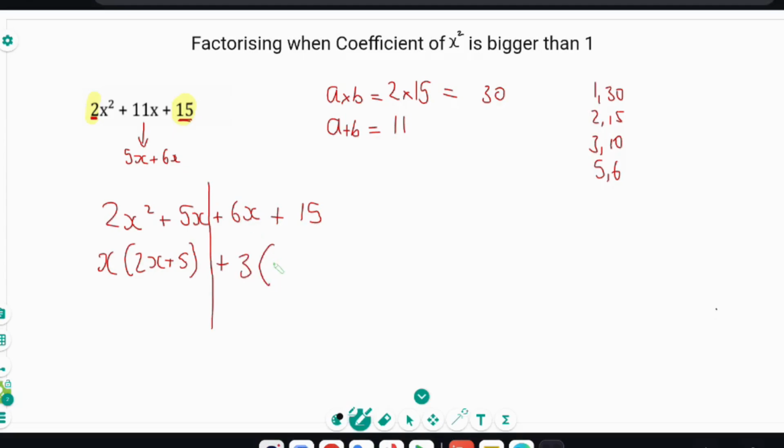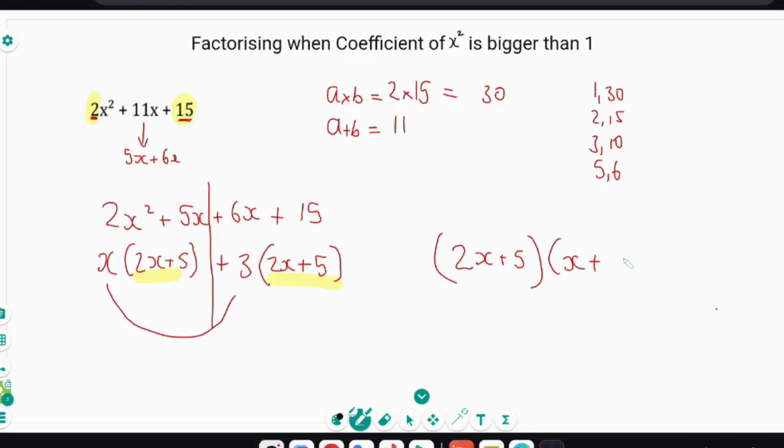Divide 6x by 3, you get 2x. Divide 15 by 3, you get 5. Now, if you do this correctly, you always should have the same term in each bracket. So that's one of my brackets. And for the other bracket, we gather these terms together there, x plus 3.